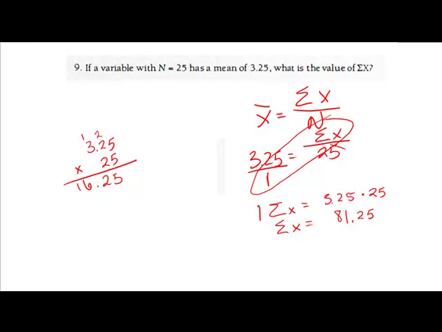We've got 16.25, add a 0, 2 times 5 is 10, okay, this time we're going to put a 1, 2 times 2 is 4, plus 1 is 5, 2 times 3 is 6, there we go. Went back to elementary school for this one. That's our answer.